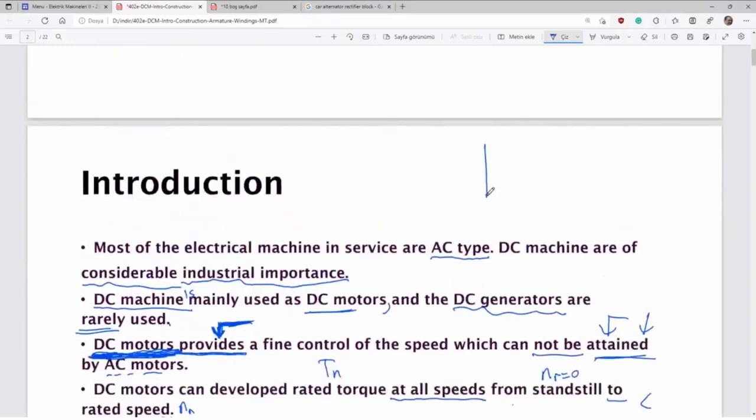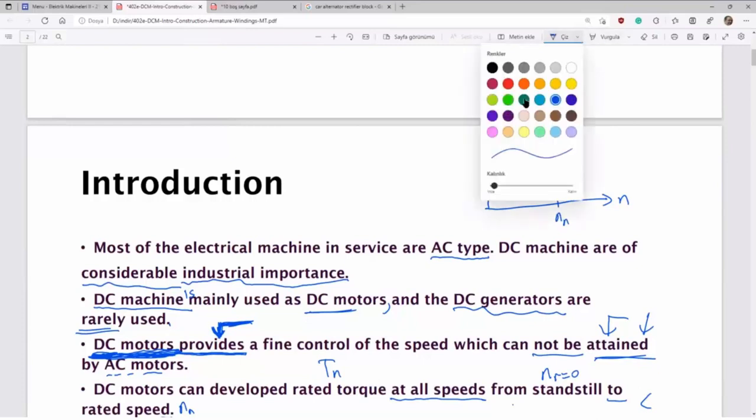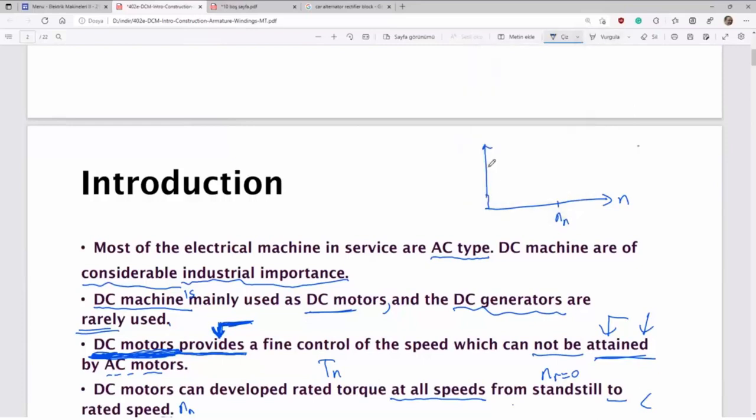Let's say here is the speed. Let's say that is the rated speed. And then till rated speed, mechanical torque will be kept constant. That region is the constant torque region.